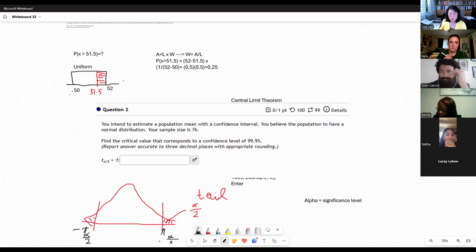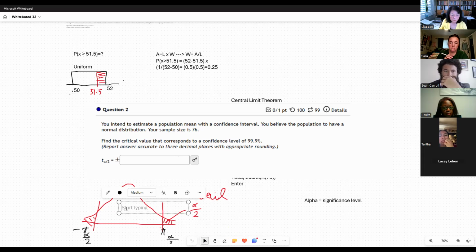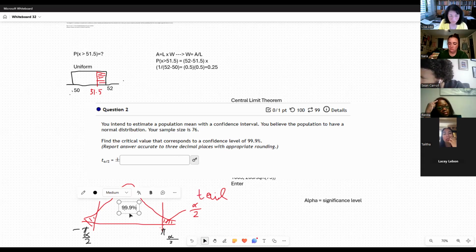So the confidence level is in the middle here. In the middle here is 99.9%. And you need to change this to 0.999. Change it to a decimal. Then we need to calculate the tail area here.